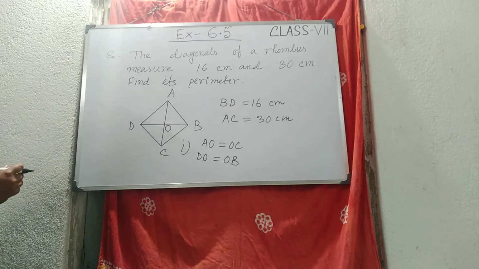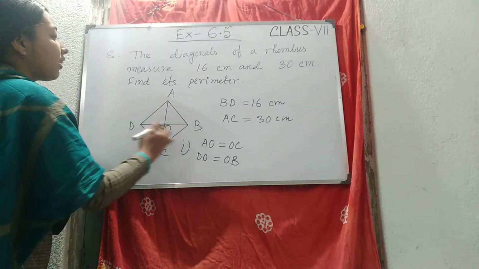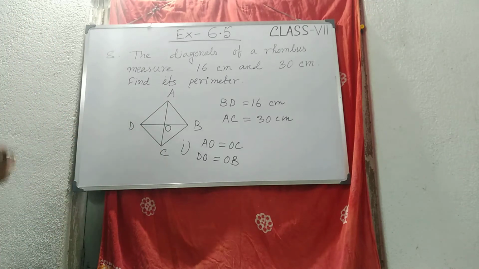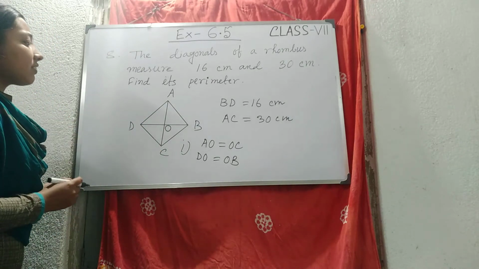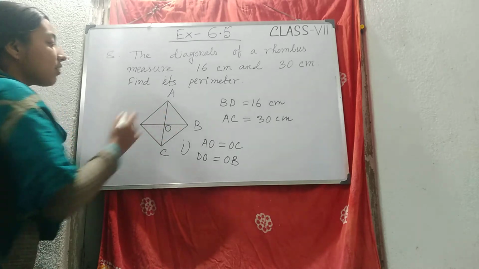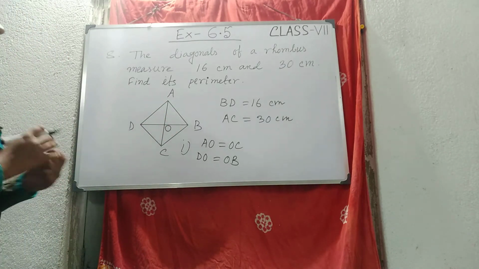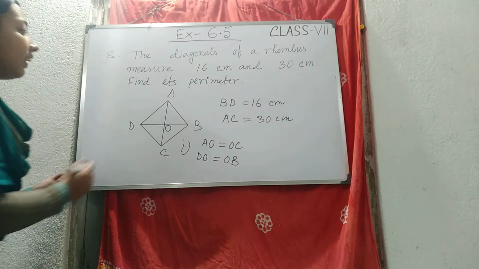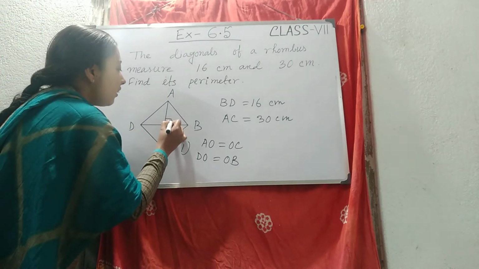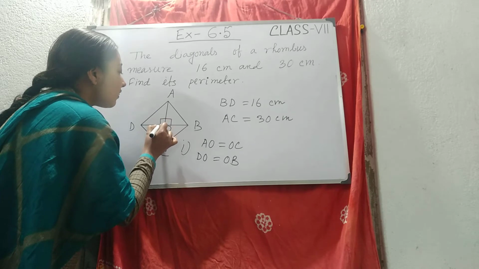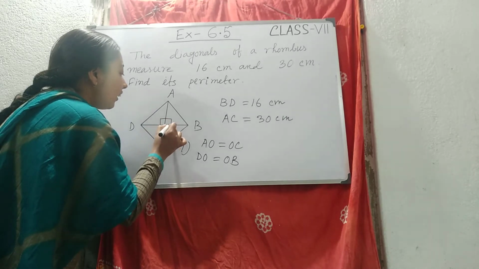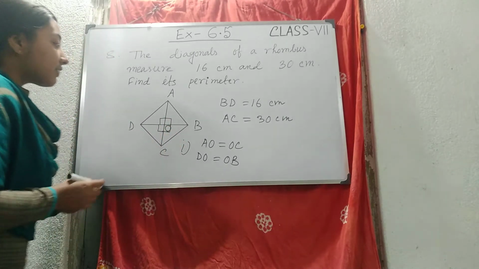Means for a rhombus all these angles are not right angled. But if we consider the diagonals of any rhombus, they intersect each other, rather bisect each other, at right angles. Means all these angles which are made here are right angled.